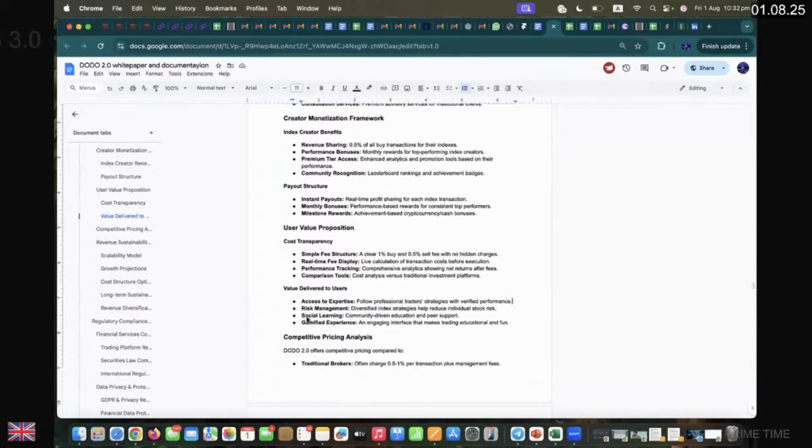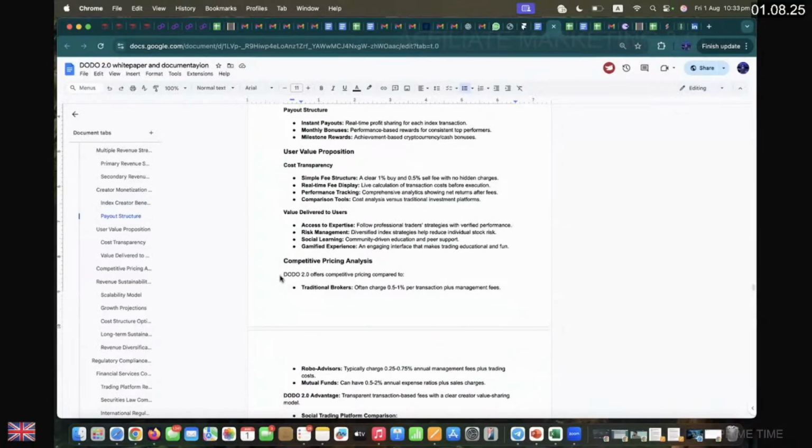Social learning, community-driven education, and peer support. Gamified experience, an engaging interface that makes trading educational and fun. You guys know by now how impressively gamified we have designed Dodo 2.0 and how incredible the experience is going to be for every user.